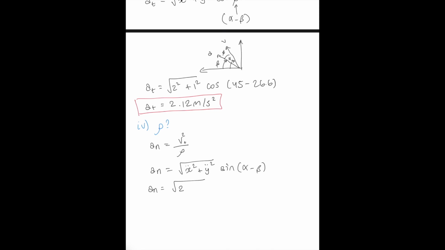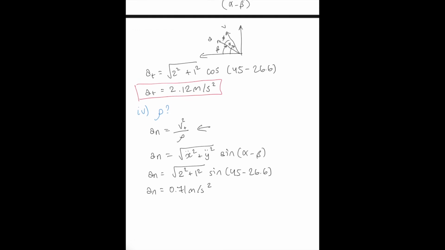Once we plug in those values, we get an is equal to 0.71 meters per second squared. So once we plug it back into this equation, we get 0.71 is equal to 2.83 squared over rho. Now we can solve for rho to get 11.35 meters.